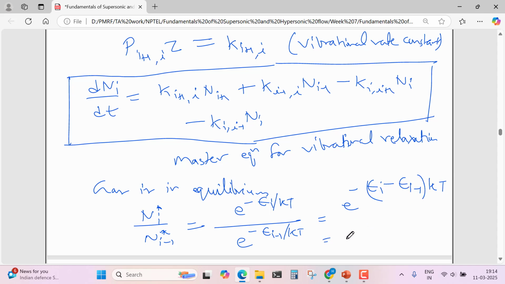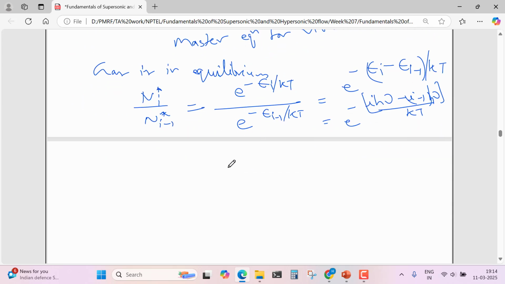You substitute the value of epsilon i, you will get minus i h nu minus (i minus 1) h nu upon kT. And the difference of these two will be given by e to the power minus h nu upon kT.